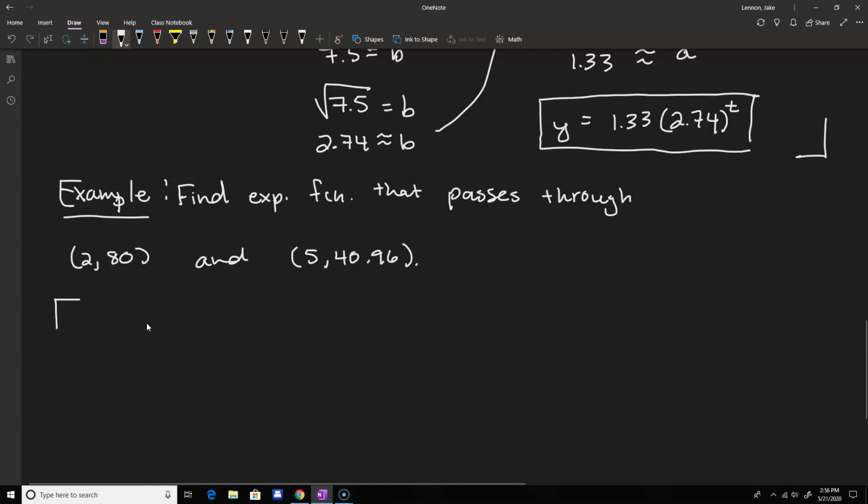So same deal, we're just plugging both of them in. So 40.96 would be ab to the 5th, and 80 would equal ab squared.